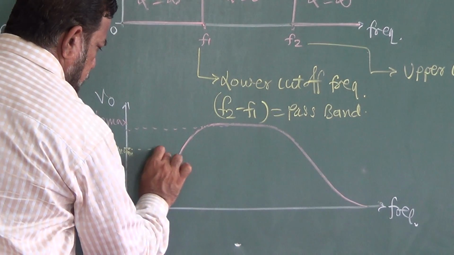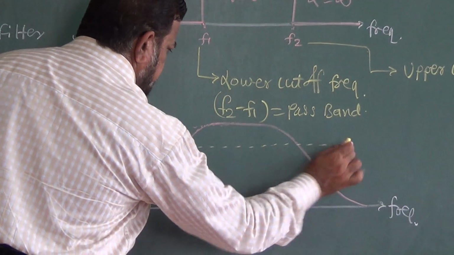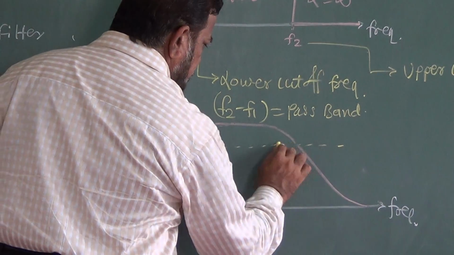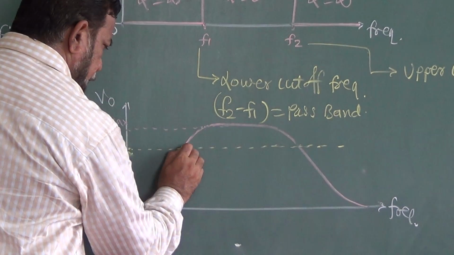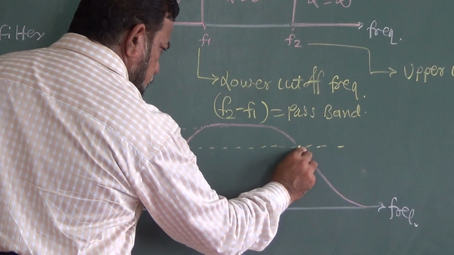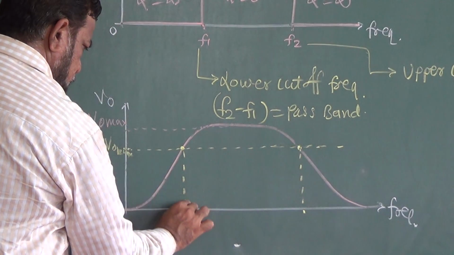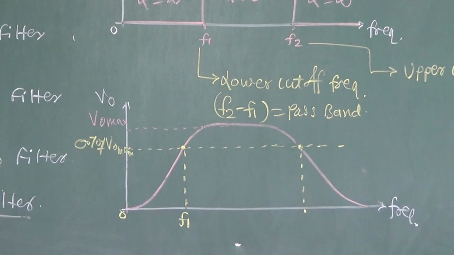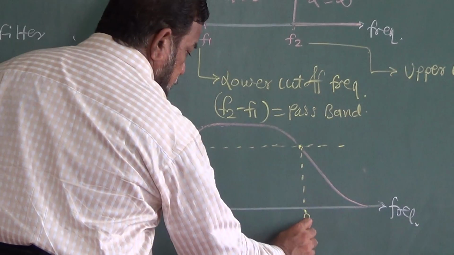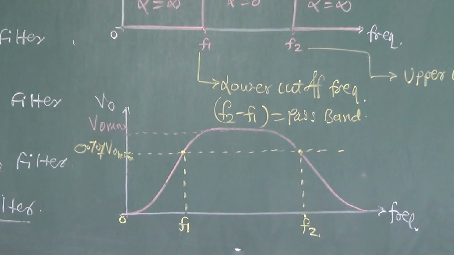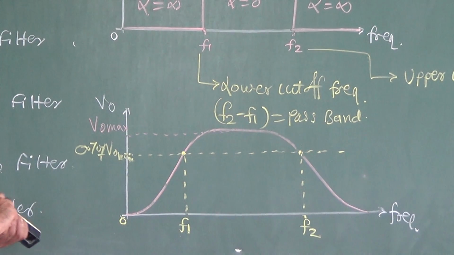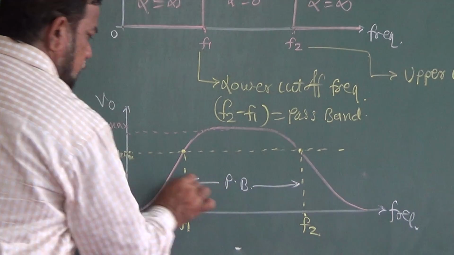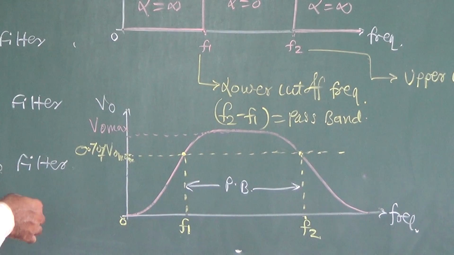Just draw one horizontal line. That horizontal line cuts the response at two distinct points. The point which is closer to 0 is F1. This point is F2. Corresponding to this, what I am having is the pass band. So one pass band between F1 and F2.